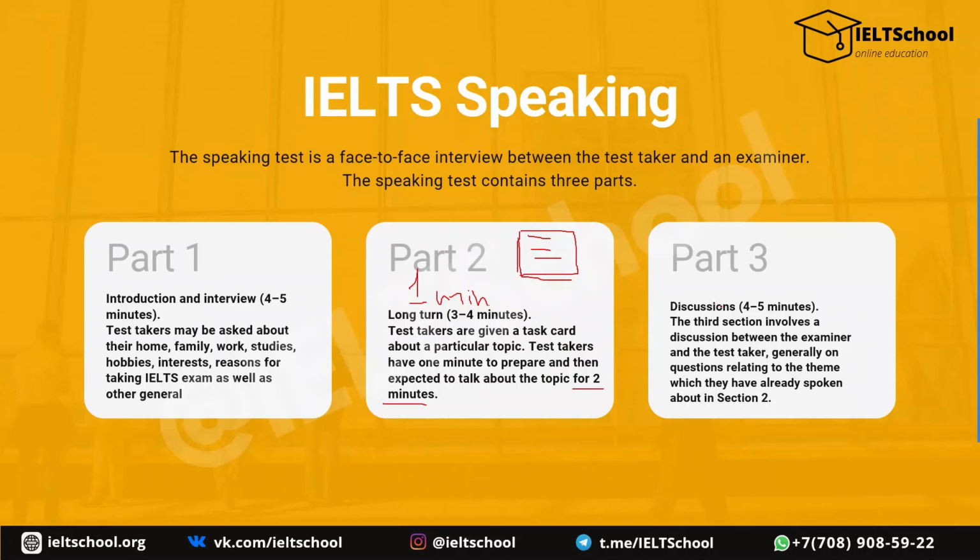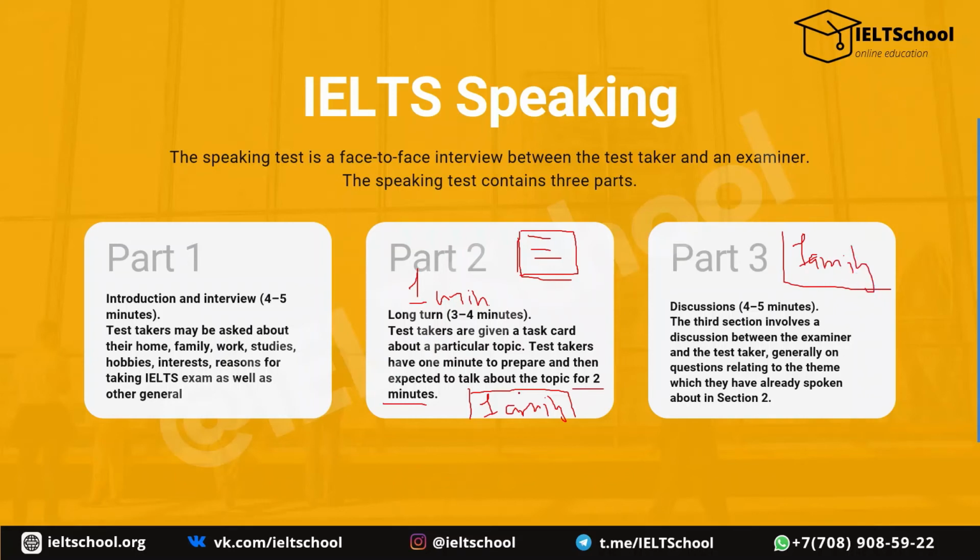In the last part, the third section involves a discussion between the examiner and the test taker, and the questions will be related to the topics that you have covered in part 2. For example, if in part 2 the topic was about family, then in part 3 you will continue talking about family.